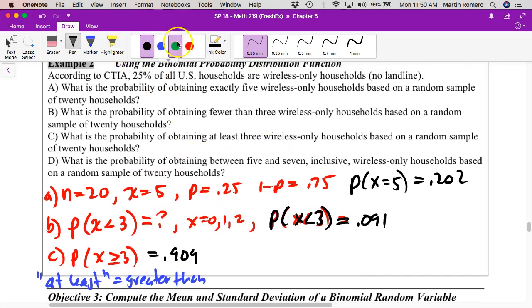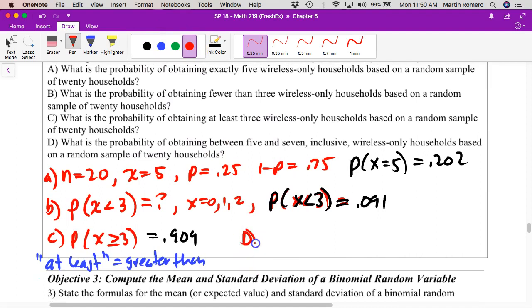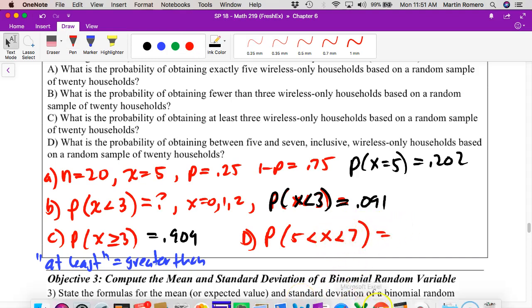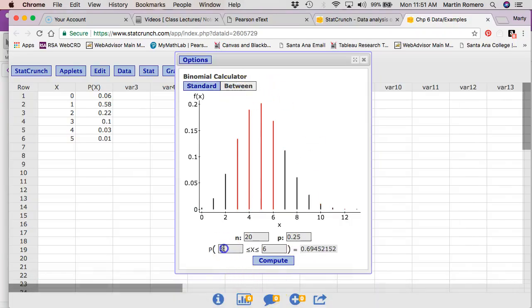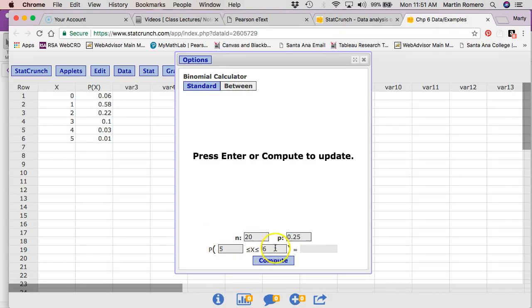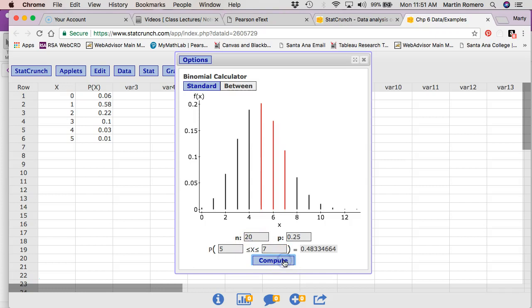Then let's finish this up with D. What's the probability of obtaining between 5 and 7? We're looking at the probability that X is between 5 and 7. We go back to the calculator. There's a between right there: 5 and 7.